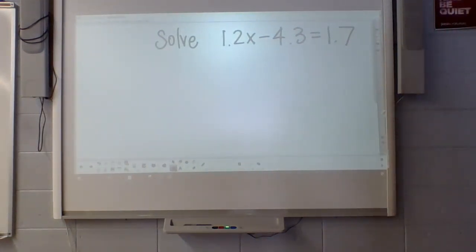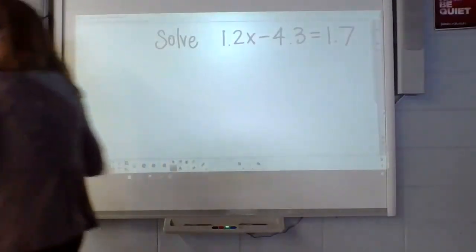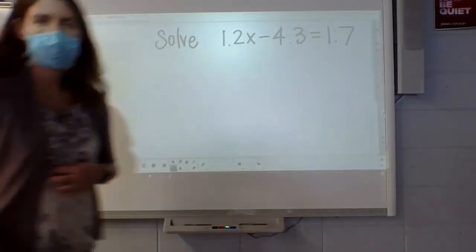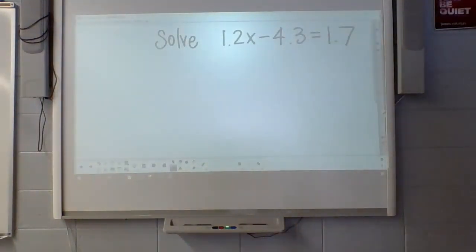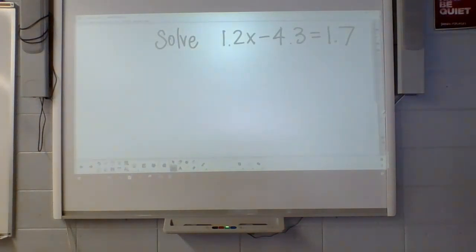All right, so this is kind of like our warm-up question. So those are all decimals, so 1.2 and 4.3 and 1.7. You might need a calculator for help on this one.